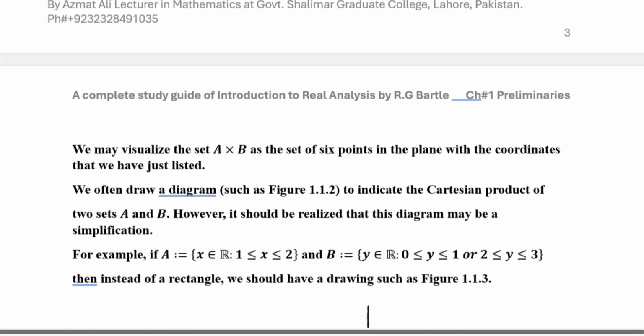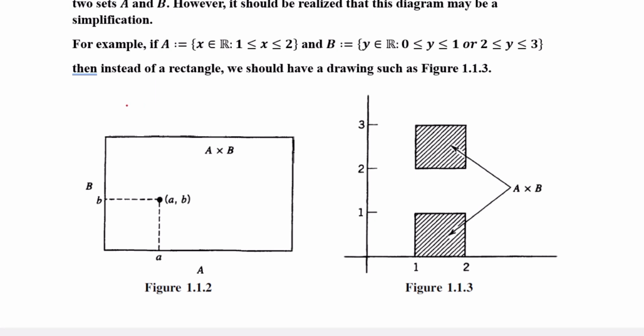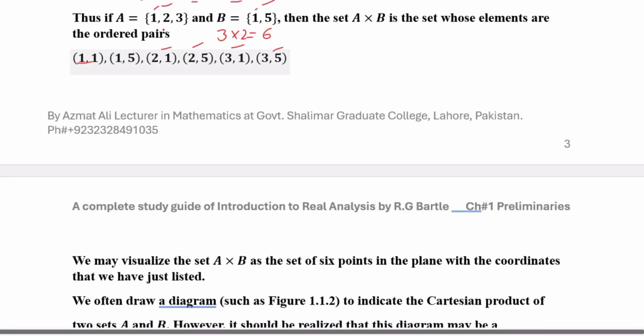The next one, this figure shows that if your sets A and B are finite sets or discrete sets, then their Cartesian product is just points in the plane. Like in the given example, A is {1, 2, 3} and B is {1, 5}. Their Cartesian product consists of the 6 elements.